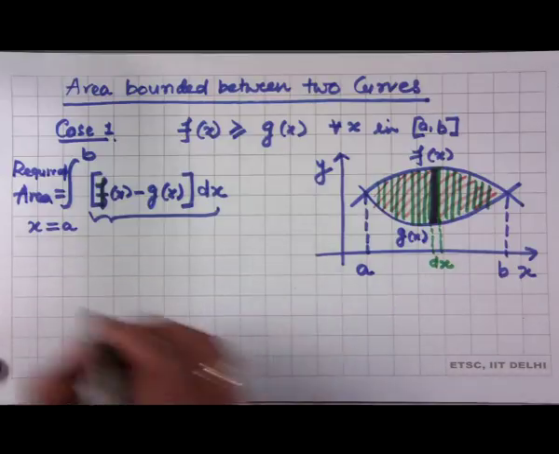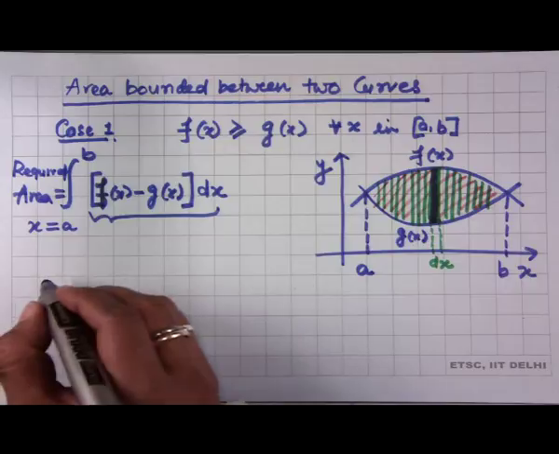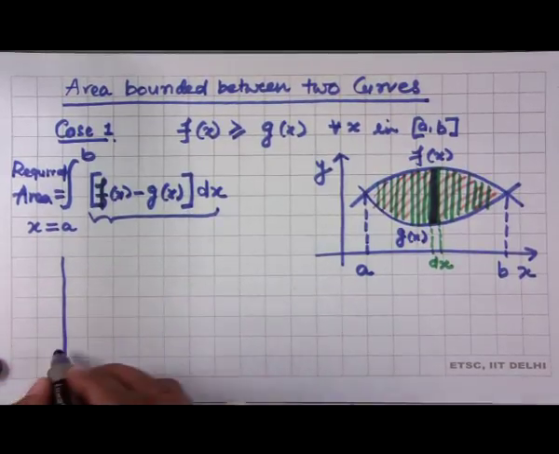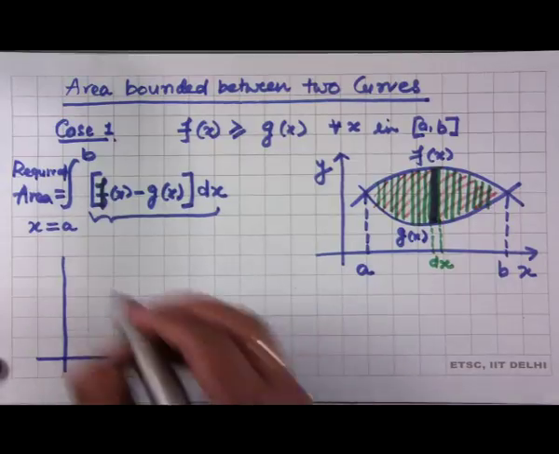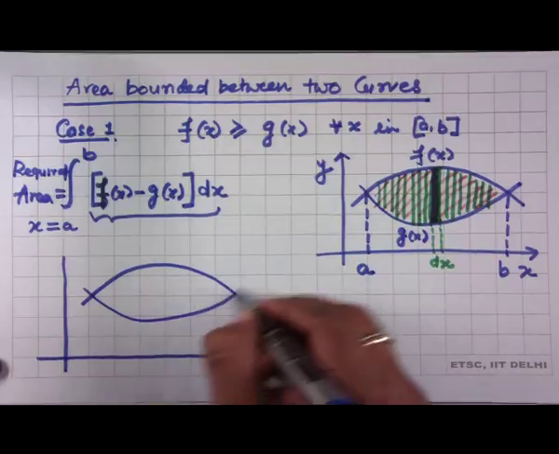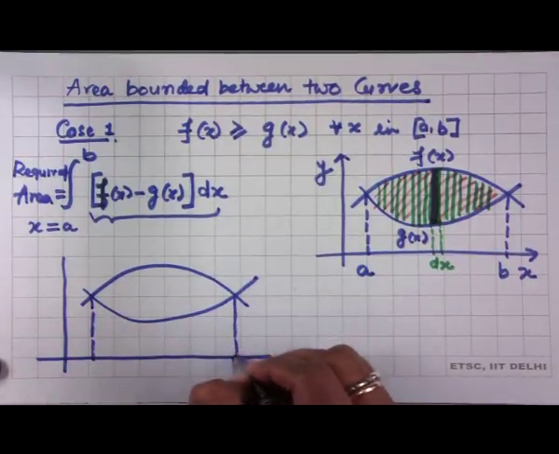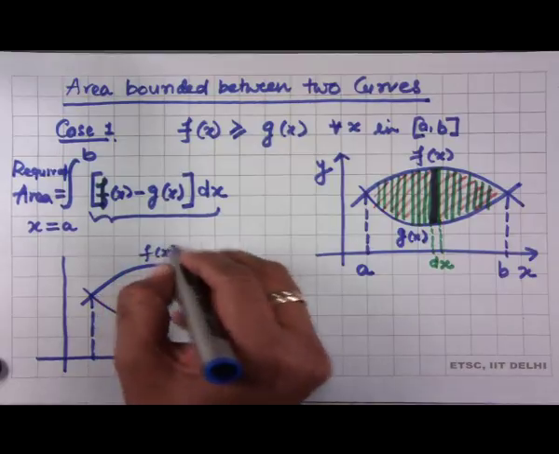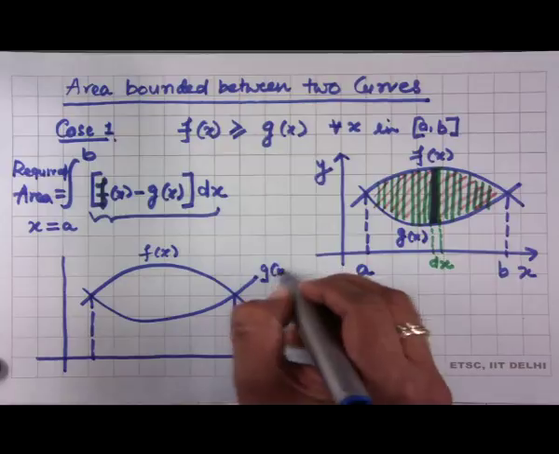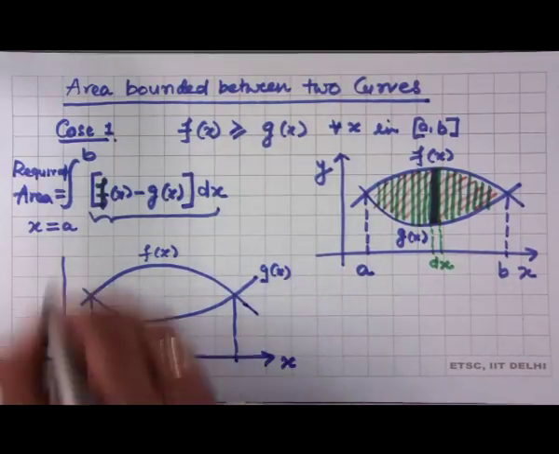We can understand this example in a different way also and derive this formula. For that, let us draw the figure again, this is f(x), this is g(x), this is x axis, y axis.